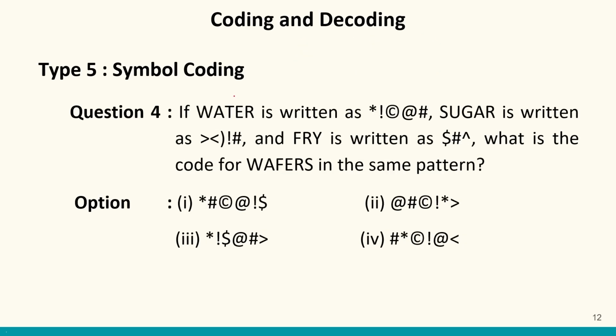So let us look at this question, which is question number 4. If water is coded as this, sugar is coded as this, and fry is coded as this, what is the code for wafers? So let us start by writing them one beneath the other to confirm if they are in sequence or are they jumbled up.